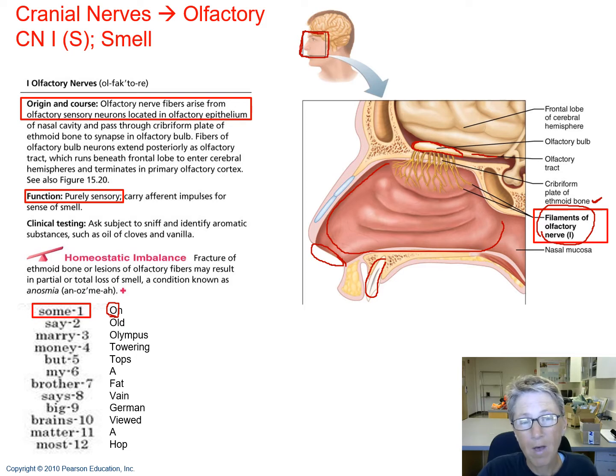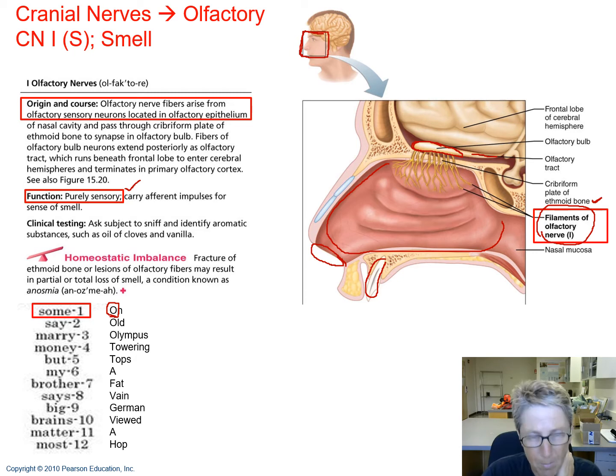So the olfactory nerve fibers arrive from olfactory sensory neurons located in the olfactory epithelium of the nasal cavity. So these olfactory sensory neurons are here. And then it tells you kind of how the fibers or the axons run to get to the brain. And we talked about this, the olfactory nerve is a purely sensory nerve.